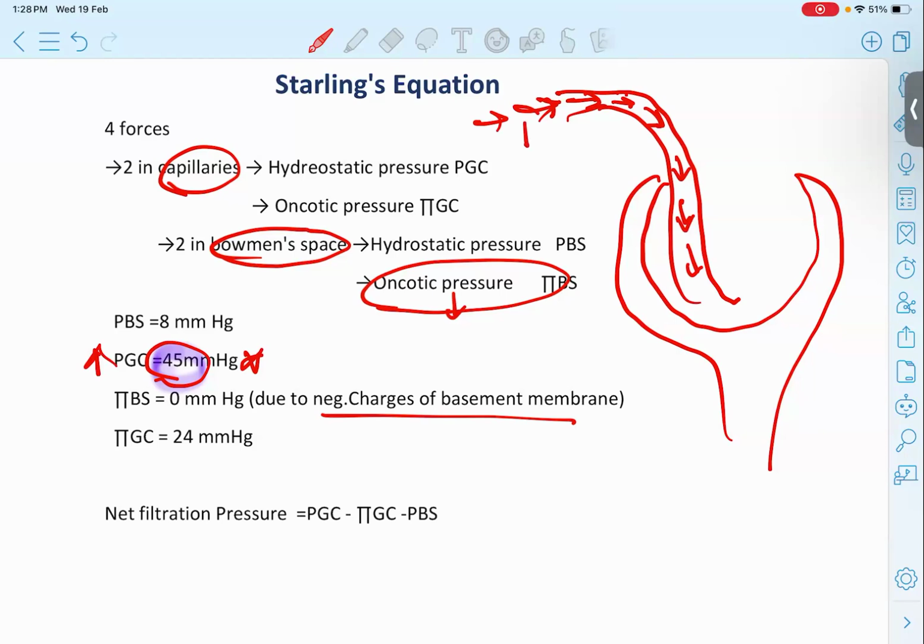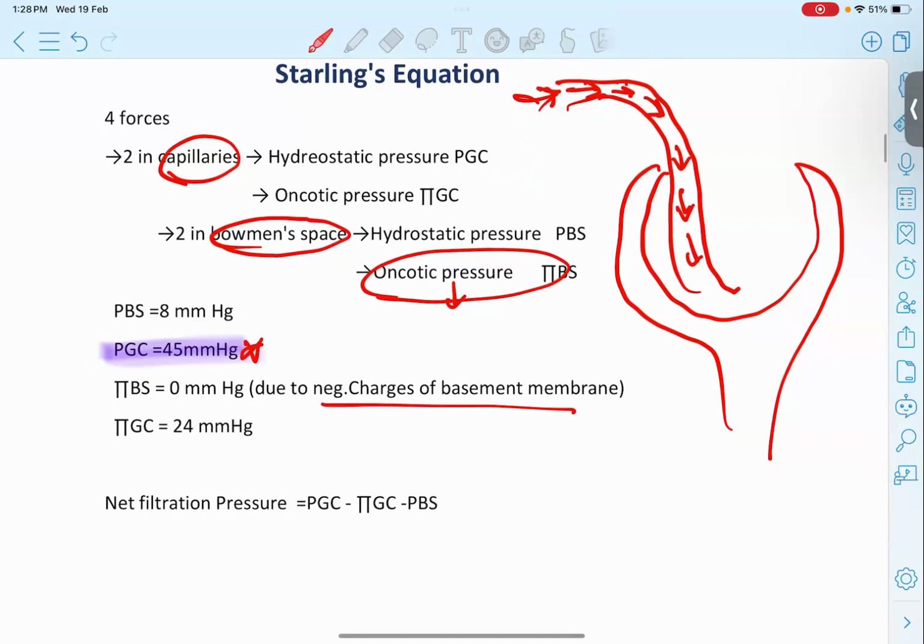The hydrostatic pressure is going to drop, and as a result, we will get very low filtration rate. So the main point is the hydrostatic pressure of the capillary is the main force for filtration. It's a recall.